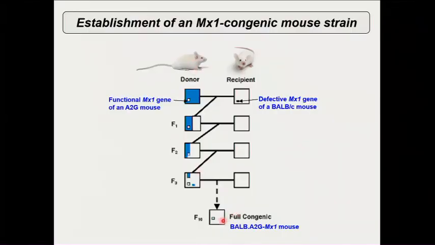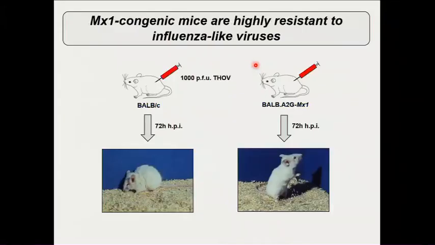So what you end up with after 10 generations, F10, is a congenic mouse strain, and this is the way to write it, that is largely the genetic background of the susceptible mouse strain, with the exception of little bits and pieces of the donor, including the MX. So now, if this one has the same phenotype as this one, although it has a genetic background 99.99% of the other one, then you can be fairly certain that MX matters. And how much it matters, I show you here.